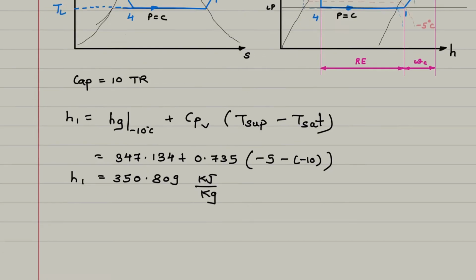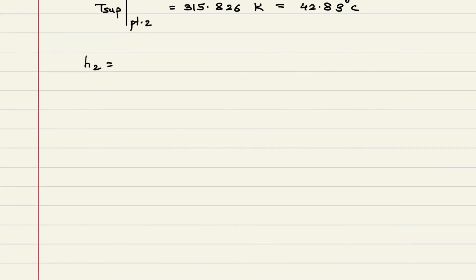So I'll write down the equation. H2 is equal to Hg at 30 degree Celsius plus Cp of vapor into T sup for point 2 minus Tsat for point 2. Okay, so Hg at 30, this we have to read from the table again.